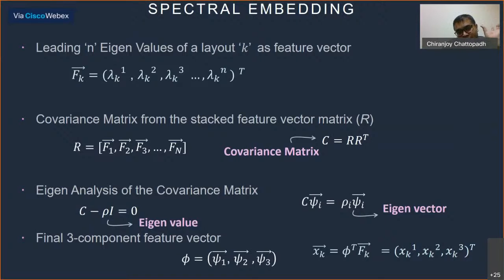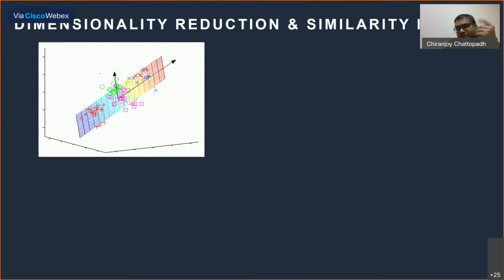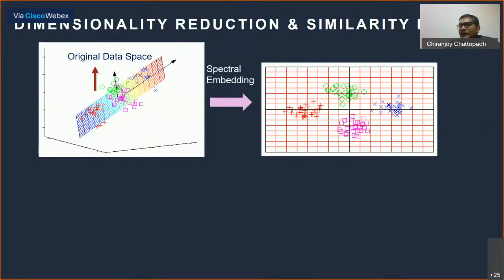So what has happened now? Your floor plan image is now represented as a feature vector in this 3-dimensional feature space, and this gives us the performance enhancement. This was the original data space. Using this spectral embedding, we create this new pattern space where the similar layouts are clustered.